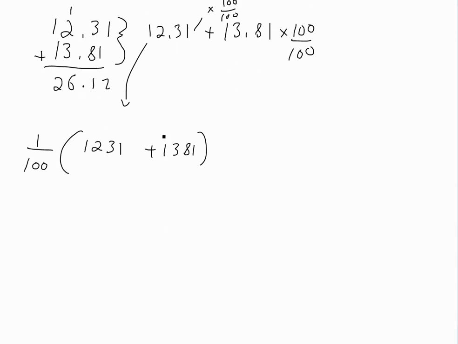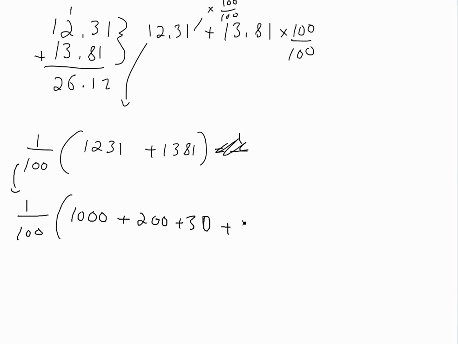Now what we could do is rewrite this all over here. It's going to be pretty long. This is why we can do this, because you could rewrite 1231 as 1000 plus 200 plus 30 plus 1, and then 1381 as 1000 plus 300 plus 80 plus 1.